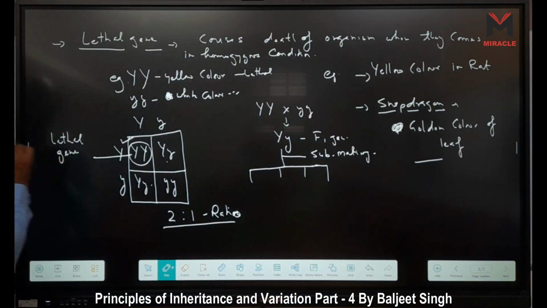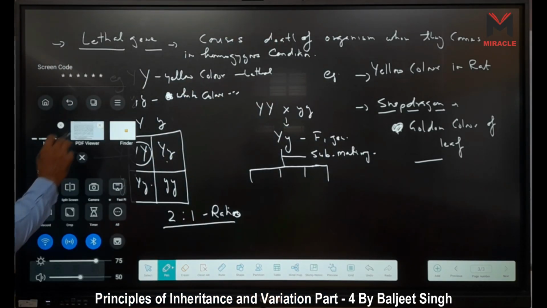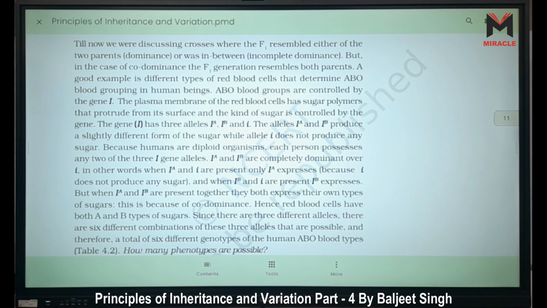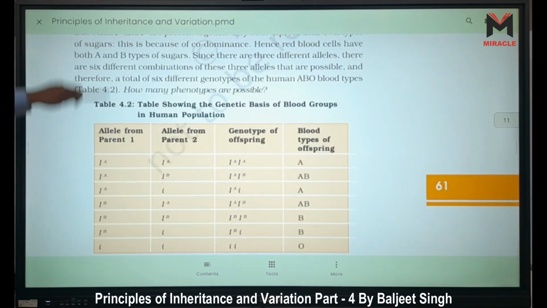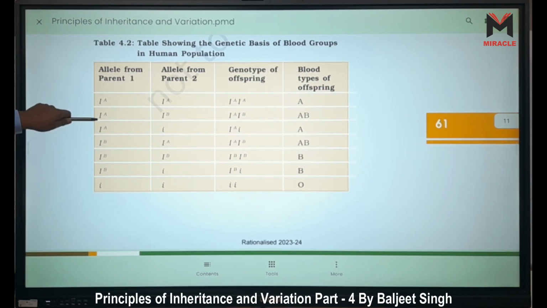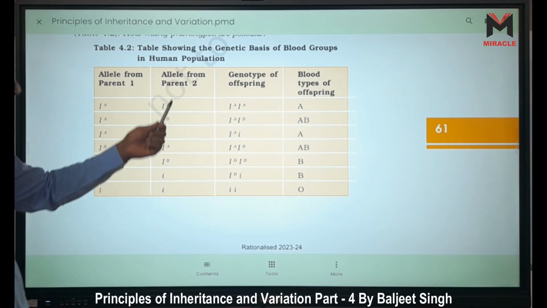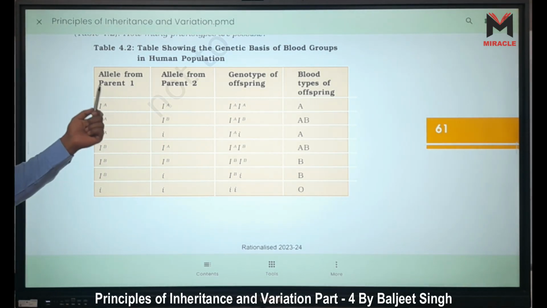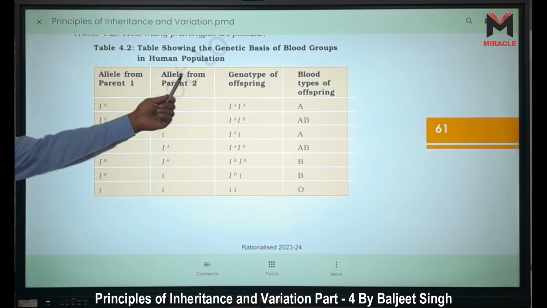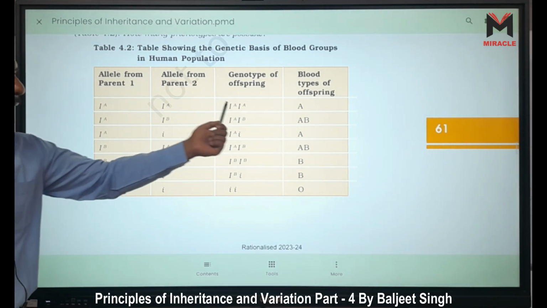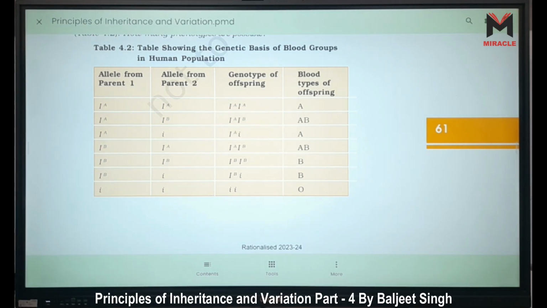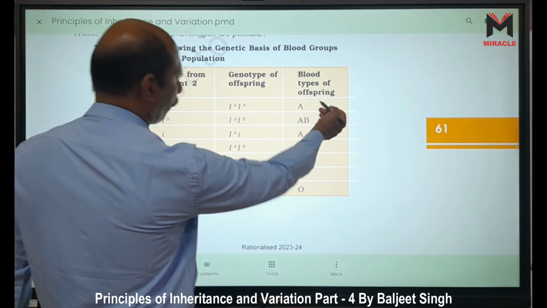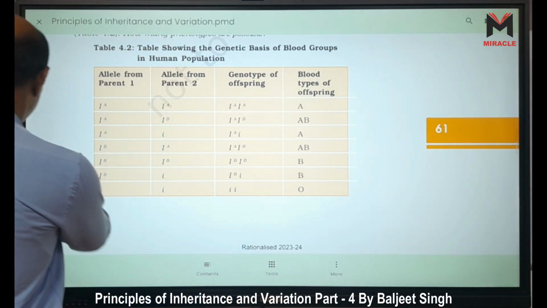So come back to the NCERT. I think you understand. Here a column is given: allelic form of parent first, allelic form of parent second. IA, then we get IA, that is blood group. This one is the genotype and that one is our phenotype.